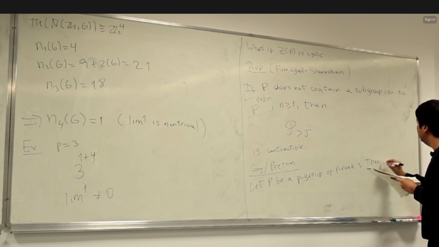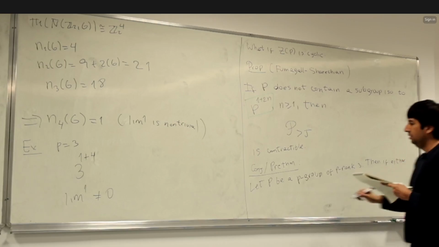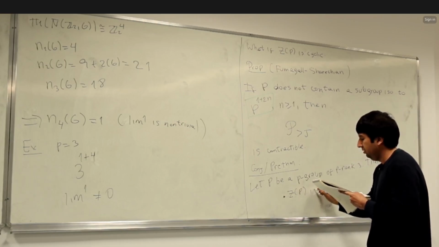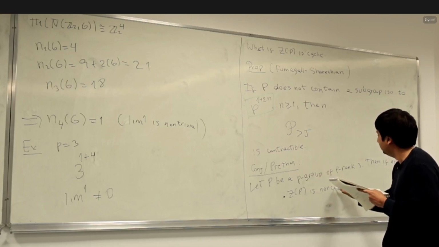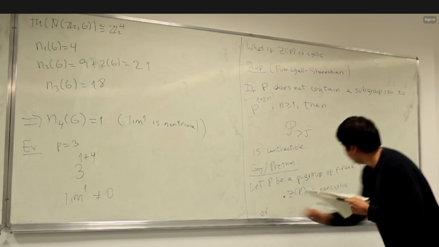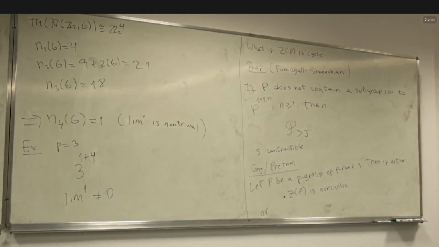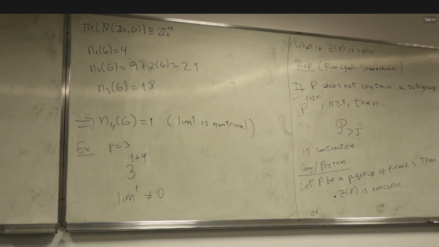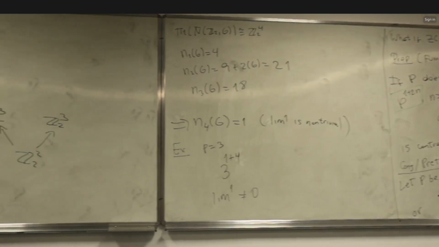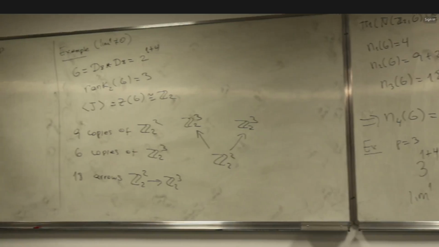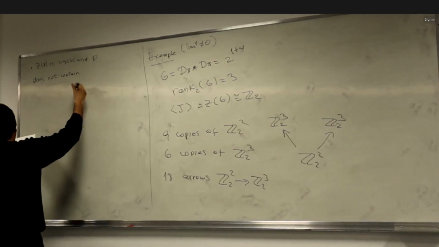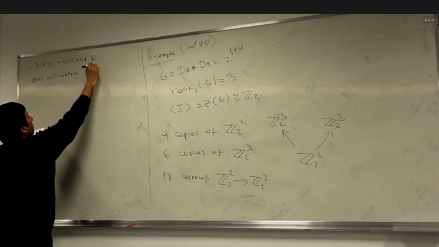Then if either the center is non-cyclic, or the center is cyclic and P doesn't contain a group isomorphic to this extra special group.